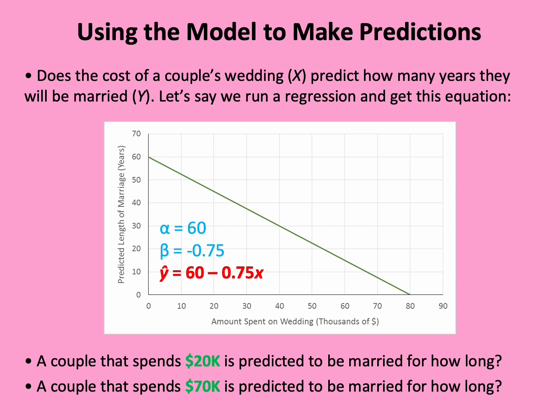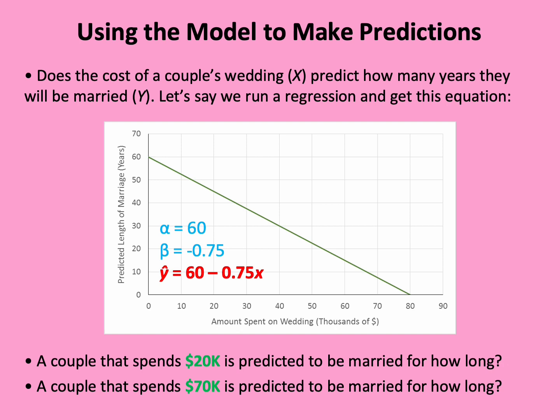Essentially, we are trying to use the cost of a wedding to predict how many years the couple will be married. Let's say we run a regression analysis in SPSS and we get this equation.